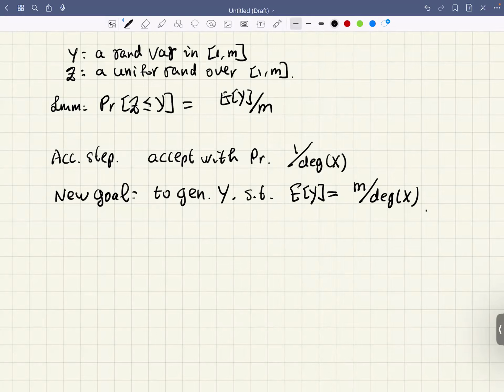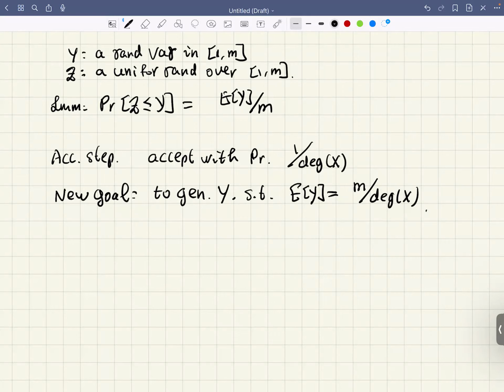This lemma says, as long as you can give me a y with this guarantee, that the y is m over degree of x. Now this is currently the magic, because I haven't explained how to do this, but that's not very important. What is important is to demonstrate the power of this lemma. It's okay if you don't know how to do it, but I will explain it later.